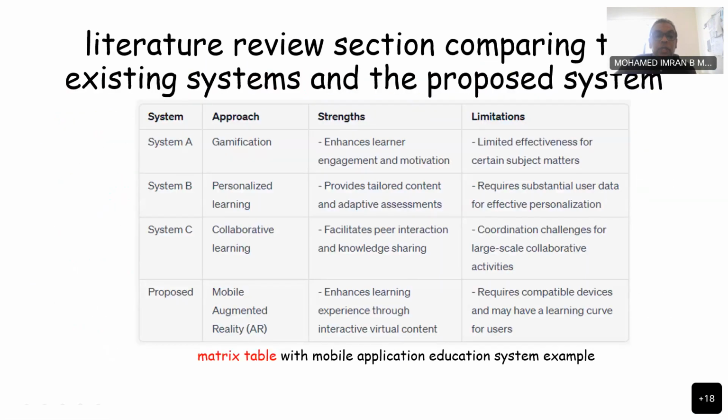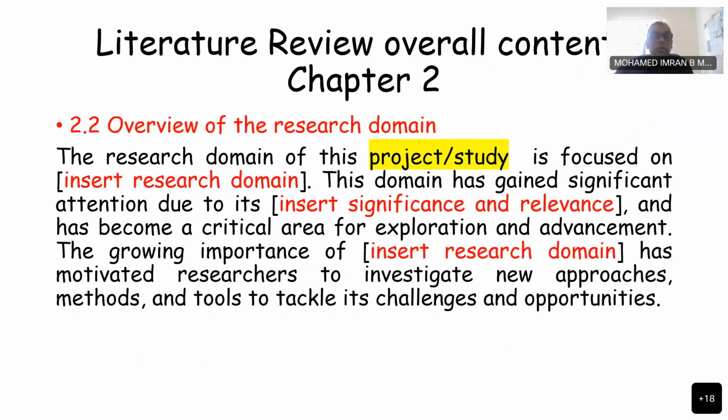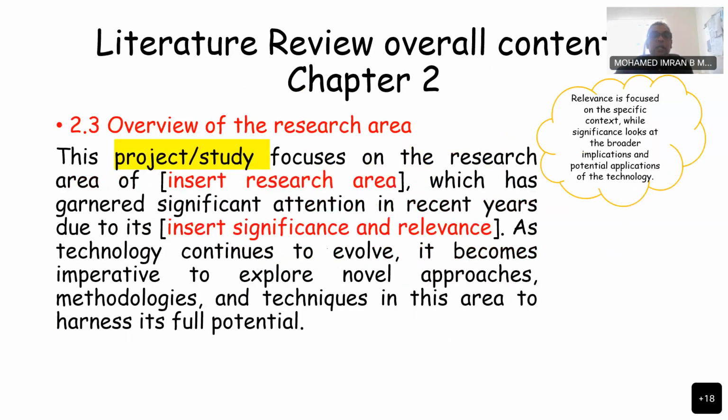But the most important section in chapter 2, or the table of contents or the flow, is how you want it to be, but basically is how I'm showing you some examples. So we start with the introduction, 2.1, then 2.2, overview of your research domain, then your research area.